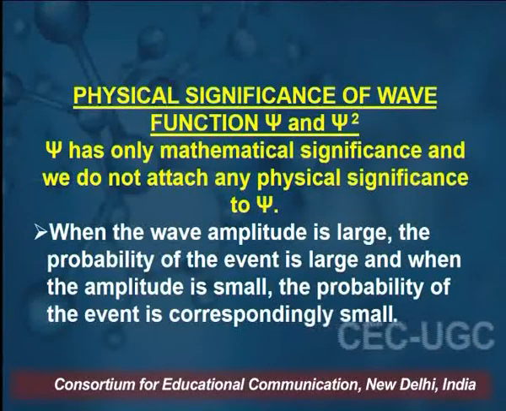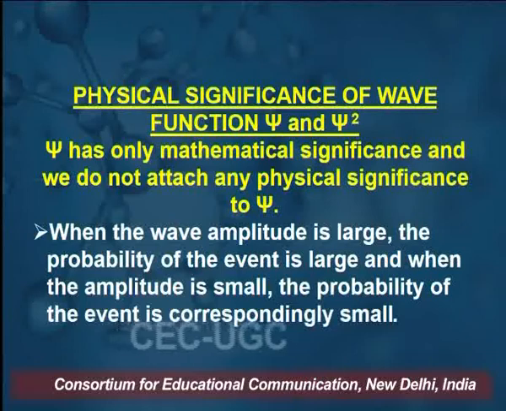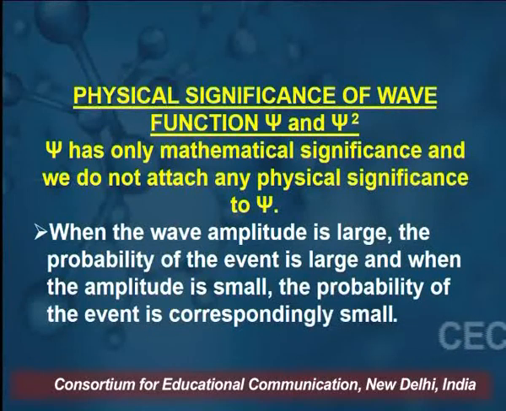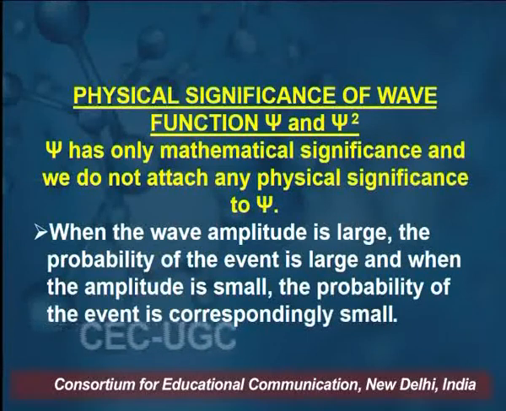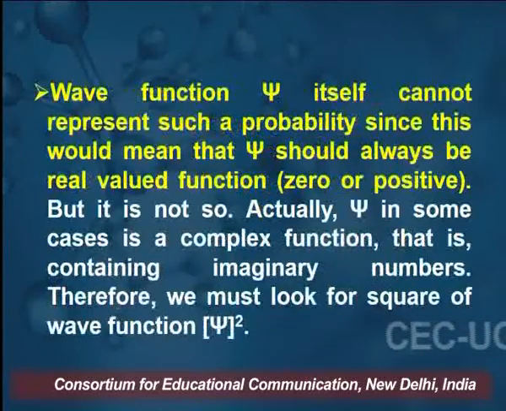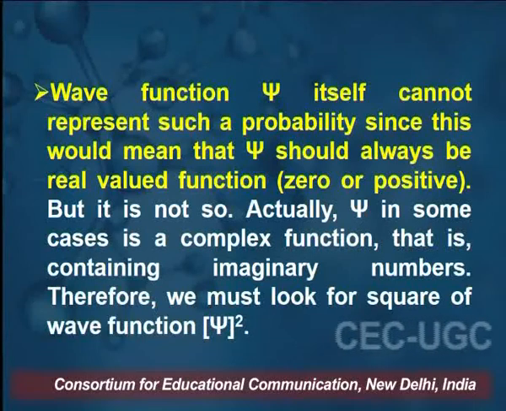Let us discuss the physical significance of the wave function psi and psi square. Psi has only mathematical significance, and we do not attach any physical significance to psi. When the wave amplitude is large, the probability of the event is large, and when the amplitude is small, the probability of the event is comparatively small. The wave function psi itself cannot represent such a probability, since this would mean that psi should always be a real valued function.